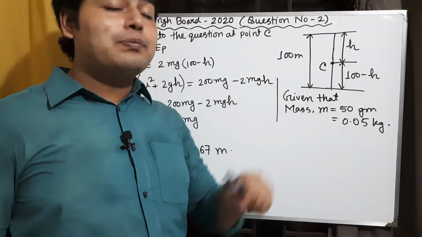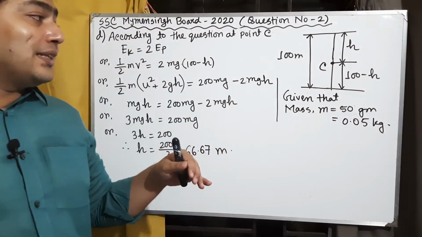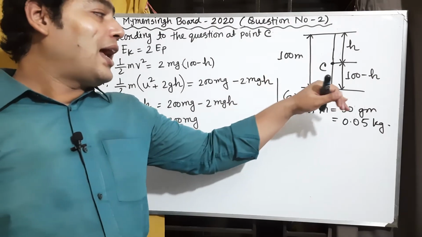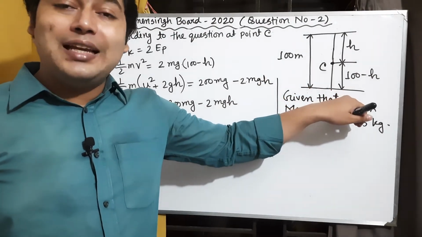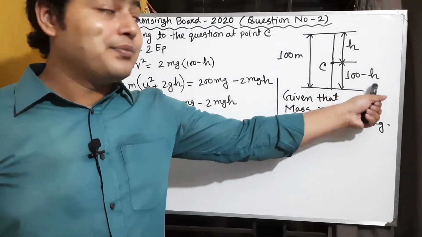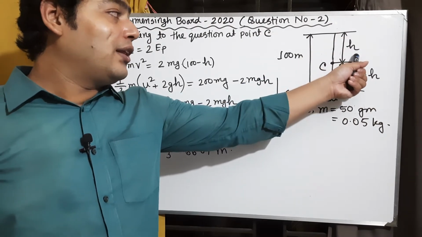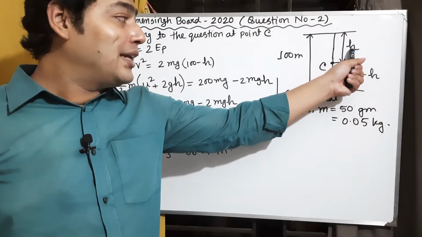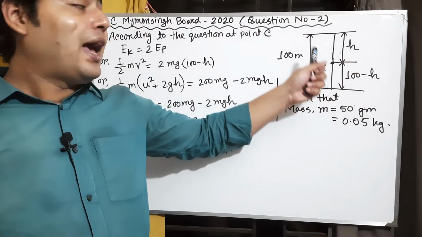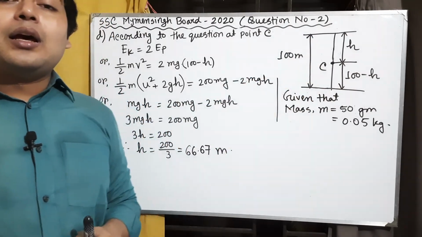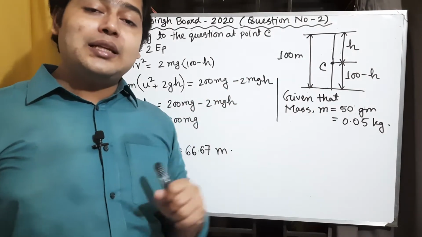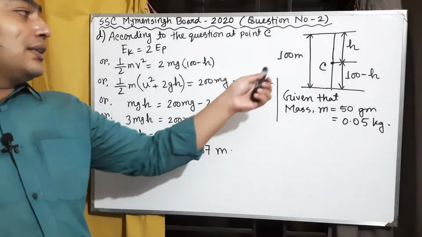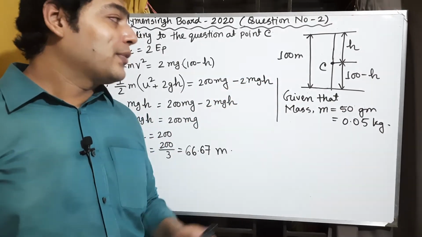So point C is situated at a height from the ground of 100 minus h, because the object travels a height h to reach point C, and the total height of this setup is 100 meters.